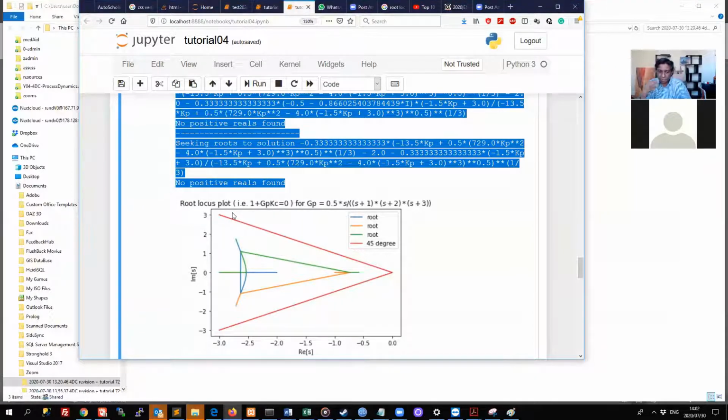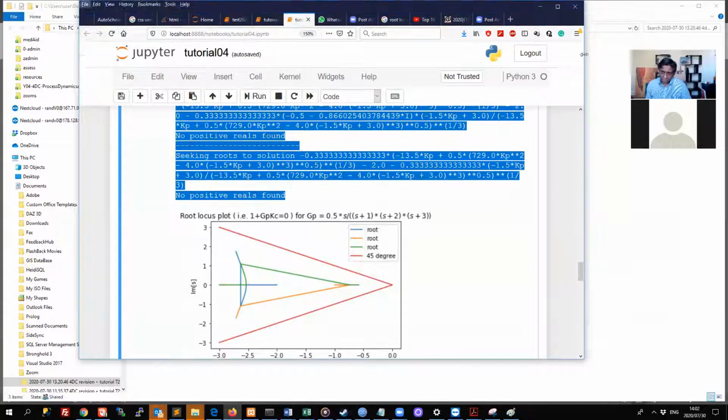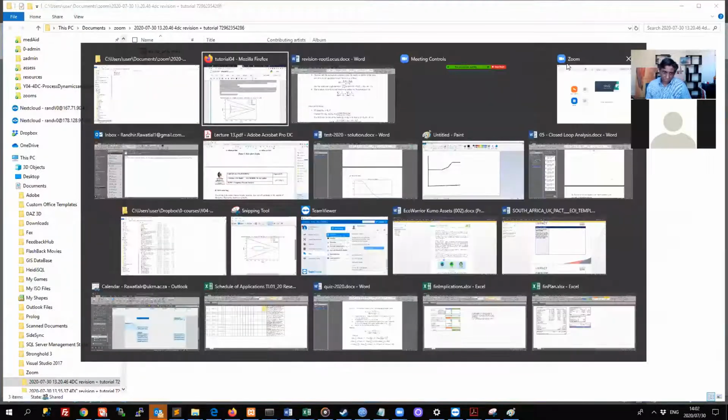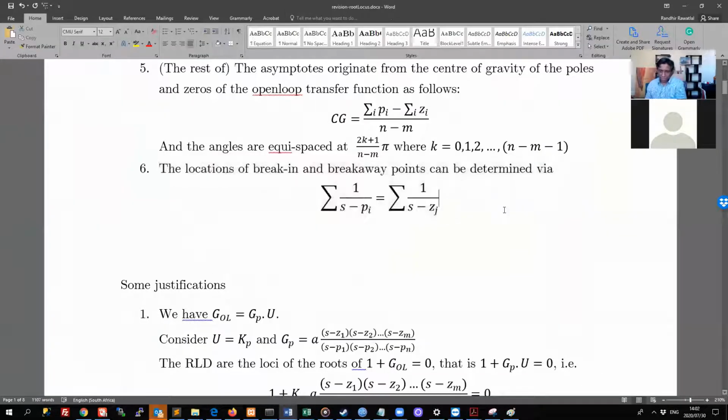Right, so those are some clues about how to construct these root locus diagrams. Of course, it will occur to you that there's still room for error. What if between all the features that we are able to extract, there's some unexpected behavior in between?